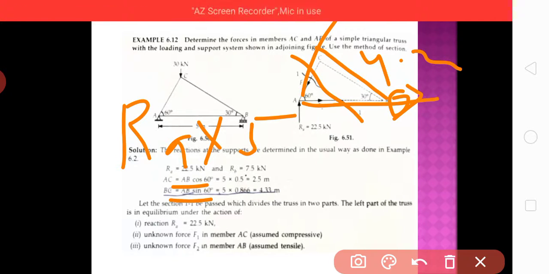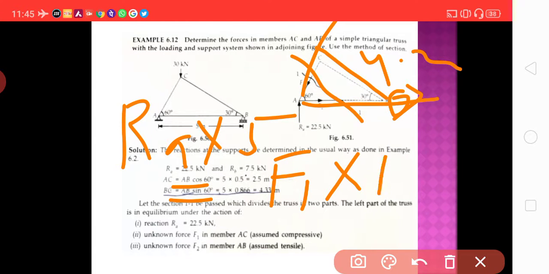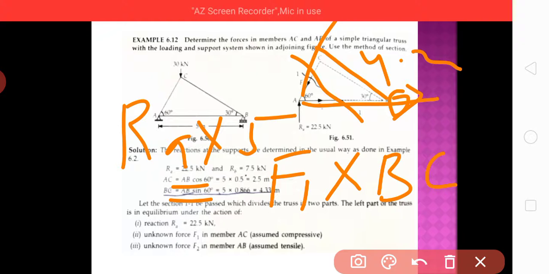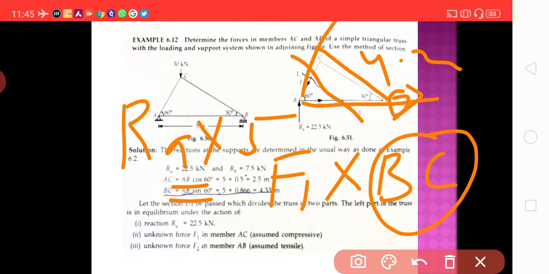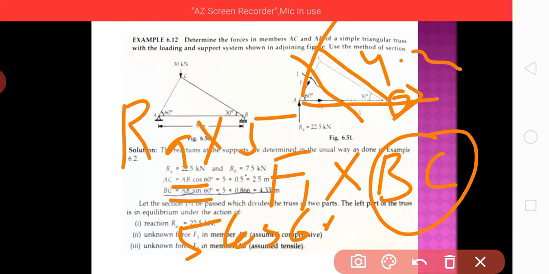So you can say that RA into 5 equal to F1 into BC. BC you can calculate, BC is 5 cos 60.